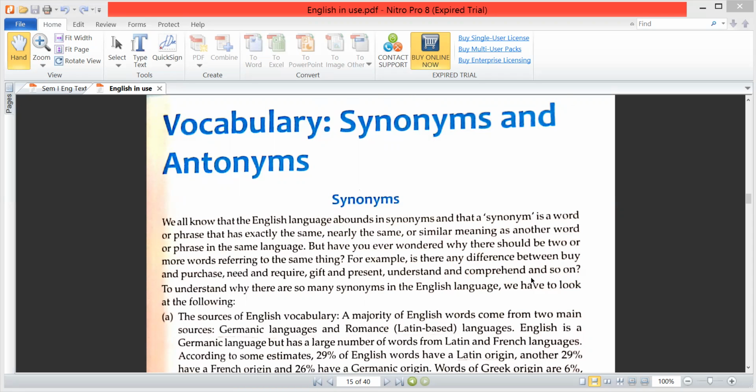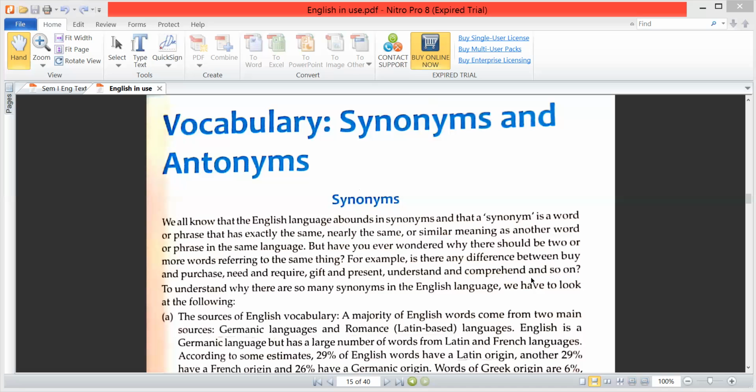Have you ever thought why there are so many synonyms in the English language when compared to the usual languages which we speak? For example, we speak Hindi or a regional language such as Telugu or any other Indian language.